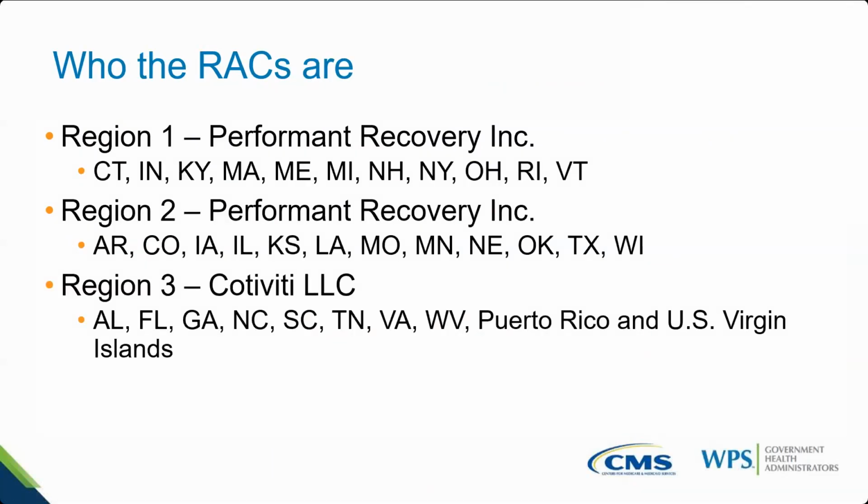So I said there's a couple of different RACs, so let's talk about who they are and the areas that they cover. Like the Medicare Administrative Contractors, or MACs, the RACs are awarded geographical areas or regions. Region 1 and 2 are covered by Performant Recovery Incorporated. Region 3 is covered by Cotiviti LLC.